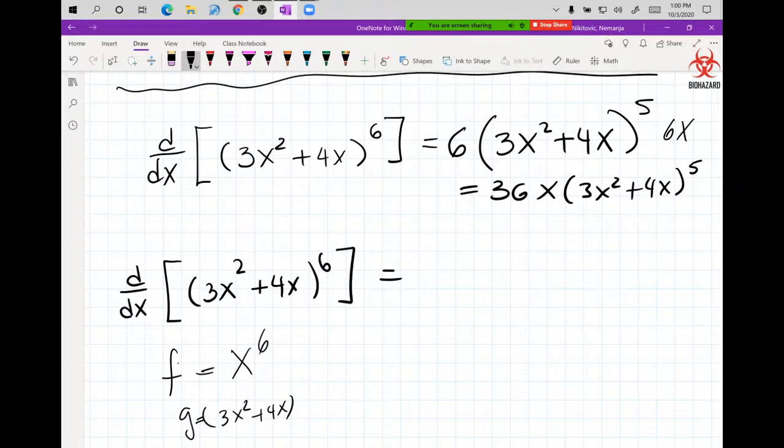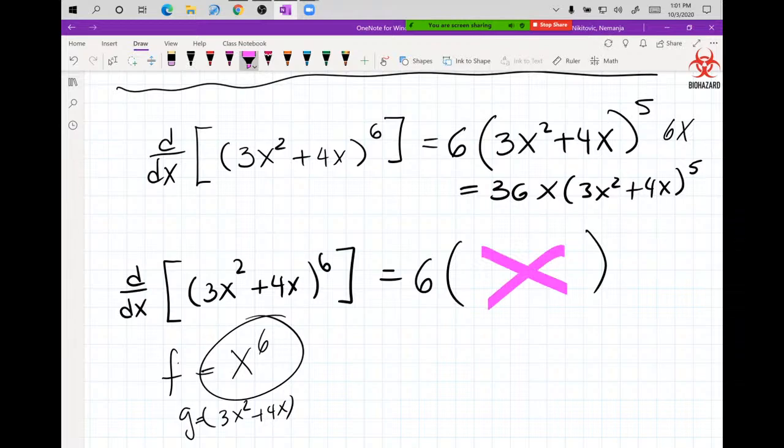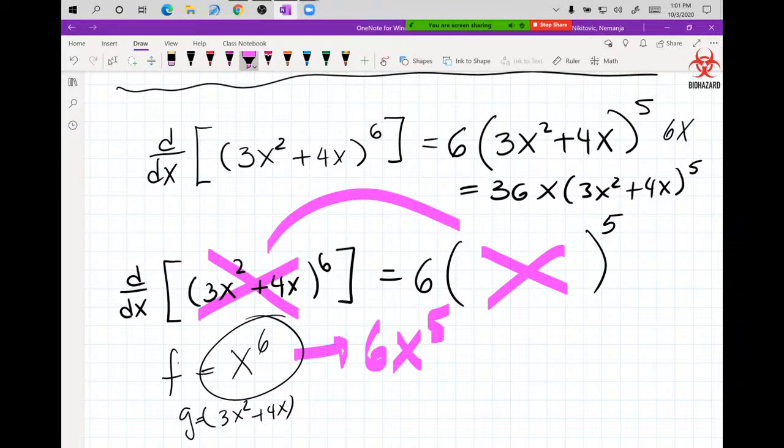So this is what I say. I technically have x to the 6. What is the derivative of x to the 6? It is 6x to the 5. So I hope that you see that x to the 6 jumps into 6x to the 5.